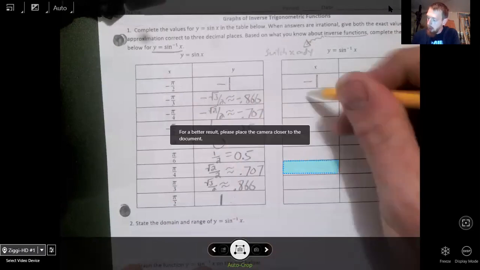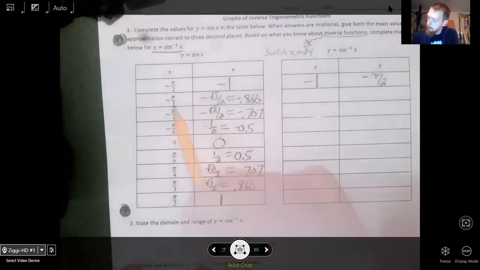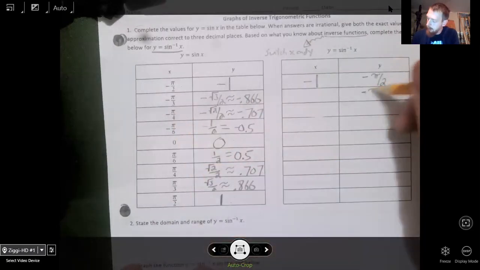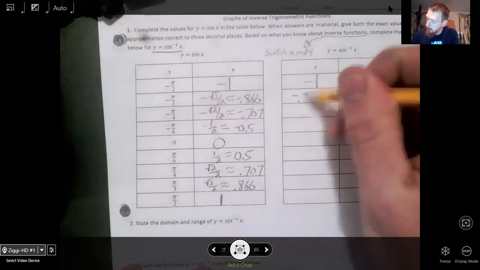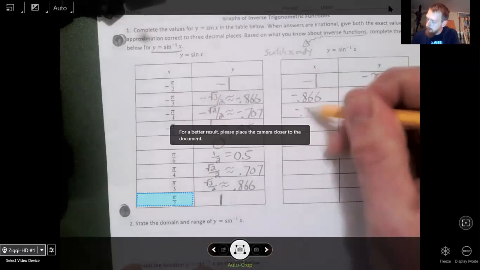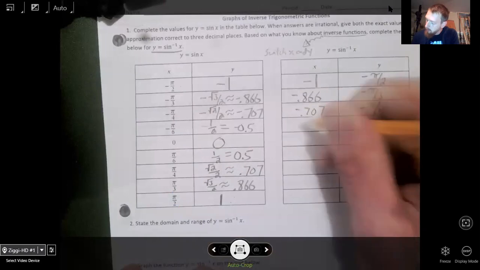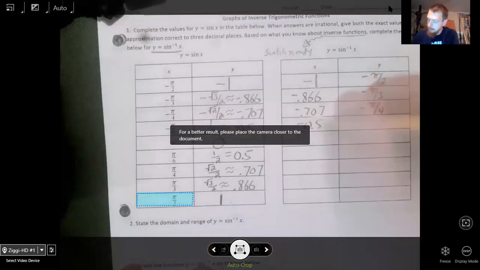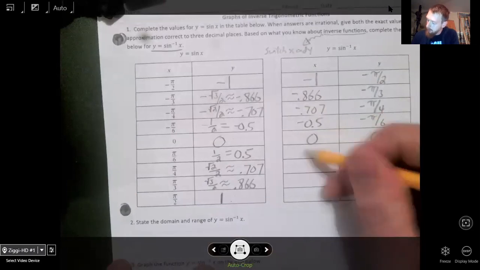The original x value was negative pi over 3, so we're going to have negative pi over 3 as our y value over here, and our x value is going to be negative 0.866. And we're going to keep doing this, flip-flopping our x and y values. Zero, 0, that's pretty easy. Those stay the same.